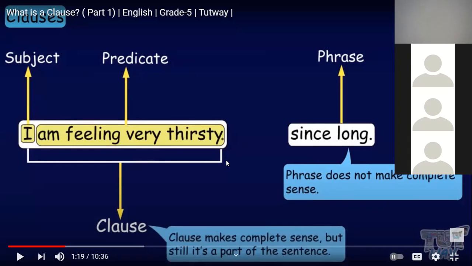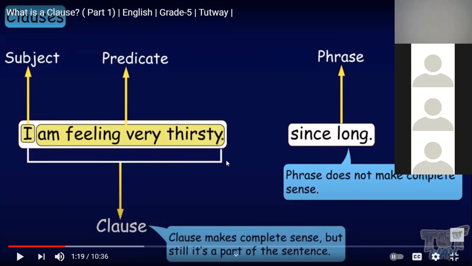It's a question: what is the difference between clause and sentence? So the difference between a phrase and a clause: a phrase does not make complete sense, does not give me, as a hearer, a full meaningful sense.